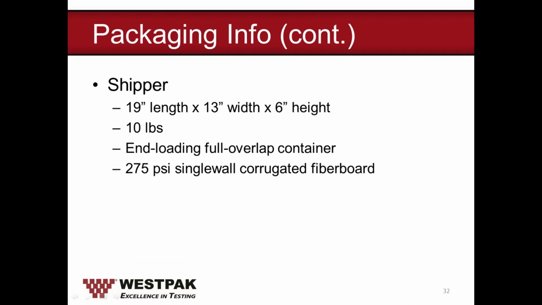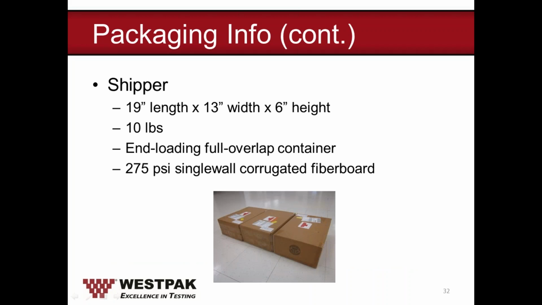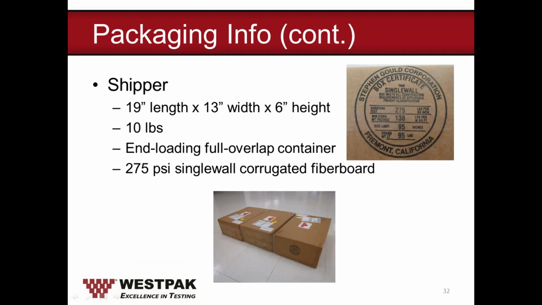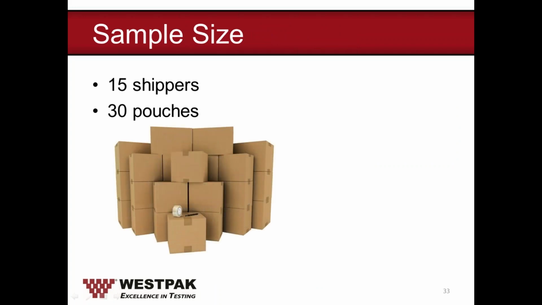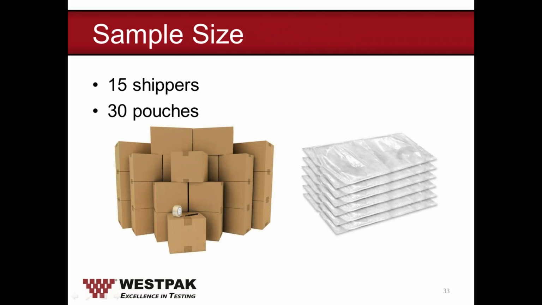The shipper is about 19 inches in length, 13 inches in width, and 6 inches in height. It weighs about 10 pounds. It is an end-loading full overlap container and 275 psi single wall corrugated fiberboard. Sample size. He has 15 shippers. With 2-pack per shipper, he has 30 pouches for testing.